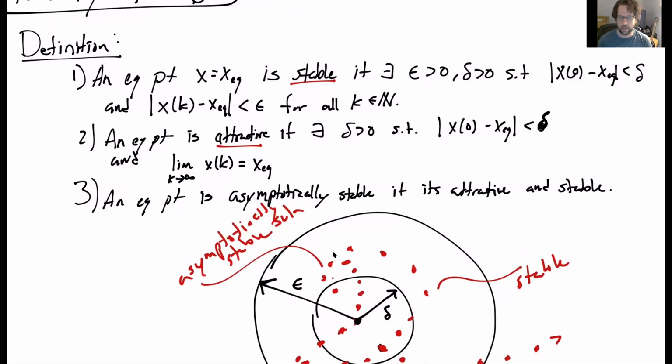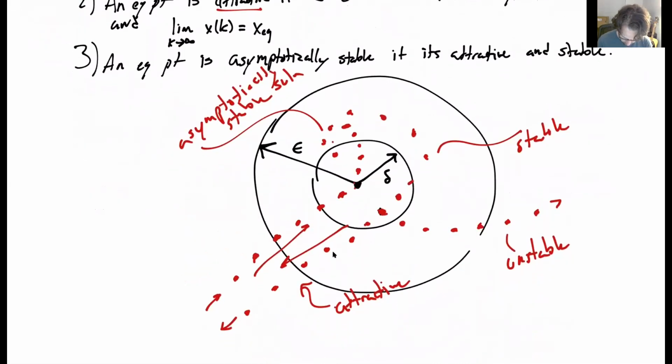So we're bounding the initial conditions of the solution. But if we remove that, we have a global attractivity result. So global attractivity with stability gives us global asymptotic stability. So that would mean that I can start a solution way out here, anywhere in the state space, and it'll converge to that origin.